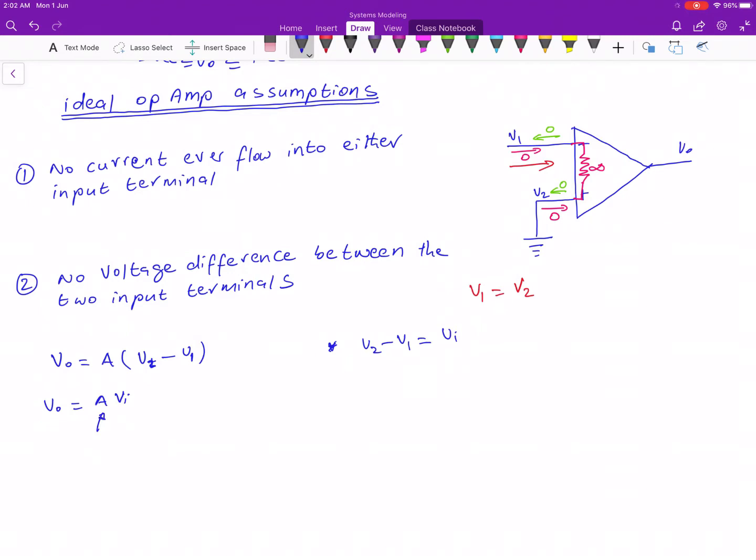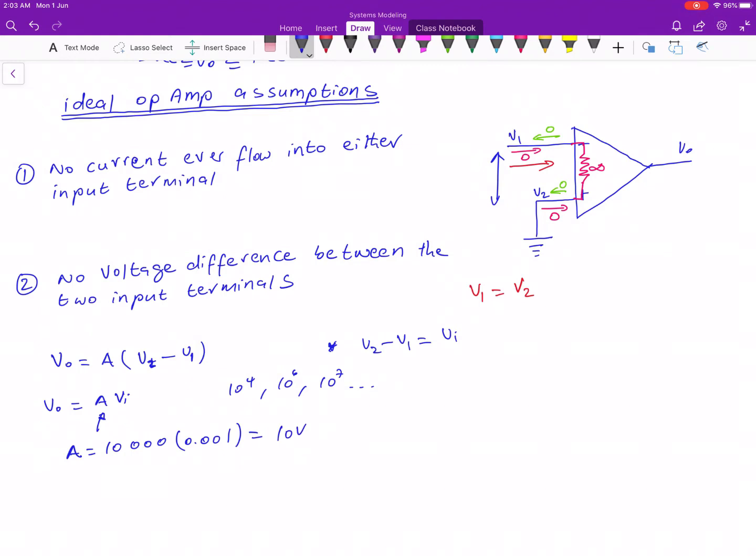This gain can be maybe 10 to the 4th, it can amplify 10 to the 6th, it can amplify 10 to the 7th, etc. So if this gain A is equal to 10,000, and the difference between V1 and V2 is so small, let's say maybe 0.001, this will give us 10 volt.